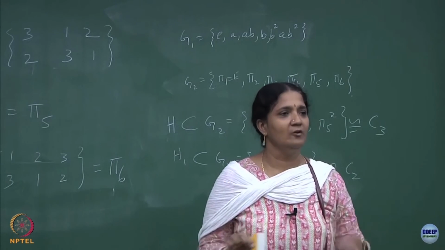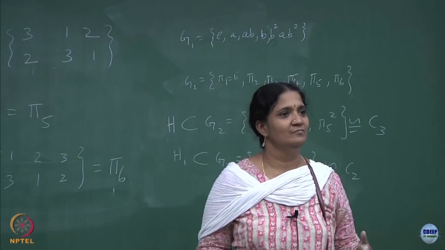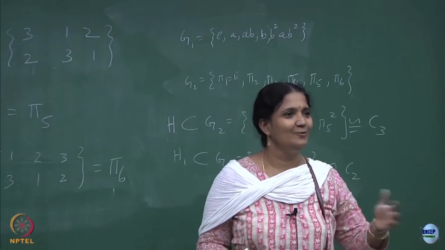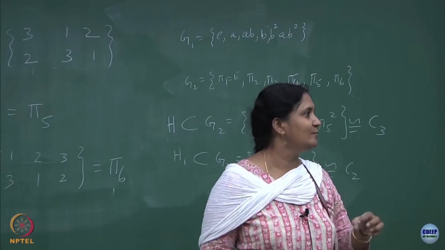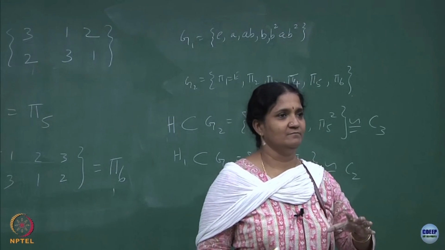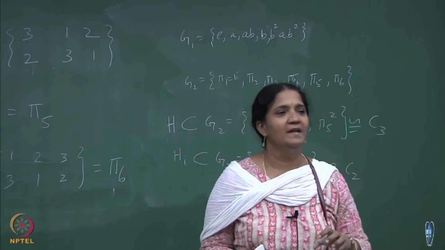For the other 2 non-trivial conjugacy classes, why does one have 3 and one have 2? Why can't it have 4 conjugacy classes? You can ask various questions and you should be able to give a nice way of understanding that in an algorithmic way. That is why the cycle structure will play a very important role.